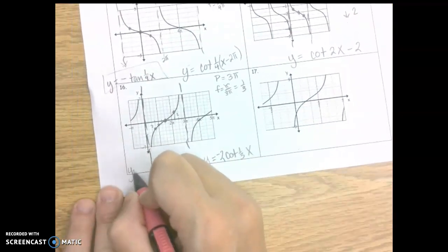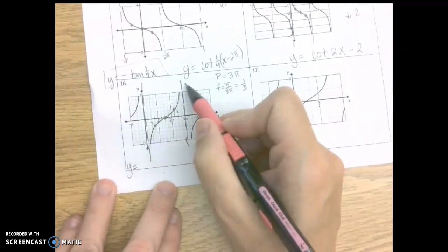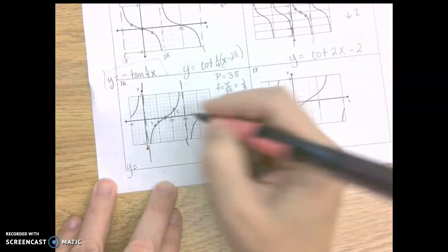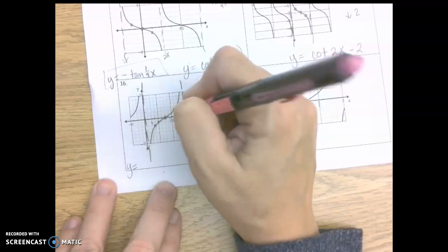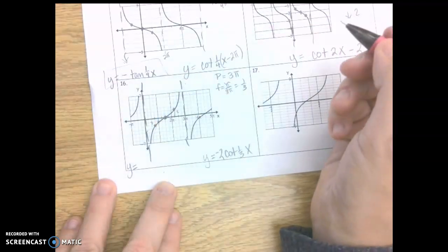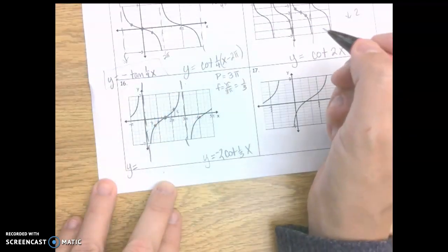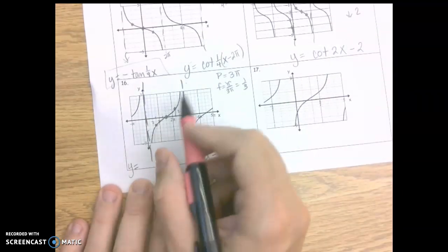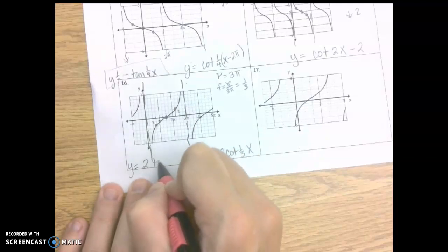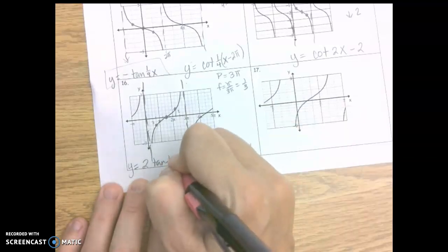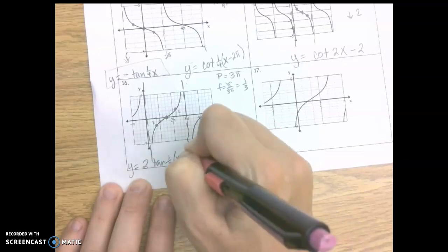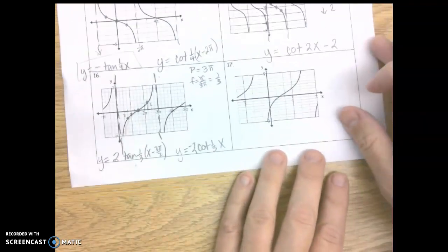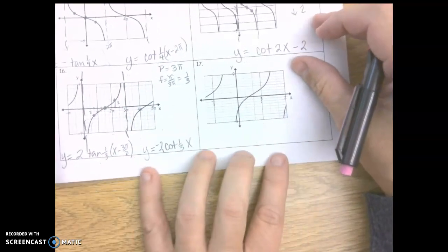Or if I do a tangent, then I have to phase shift it over here. That would be 3 pi over 2. Yeah, 3 pi over 2. Okay. So I would have a 2 tangent of 1/3 times x minus 3 pi over 2. Those would be my two equations. Again, I only have to choose one.